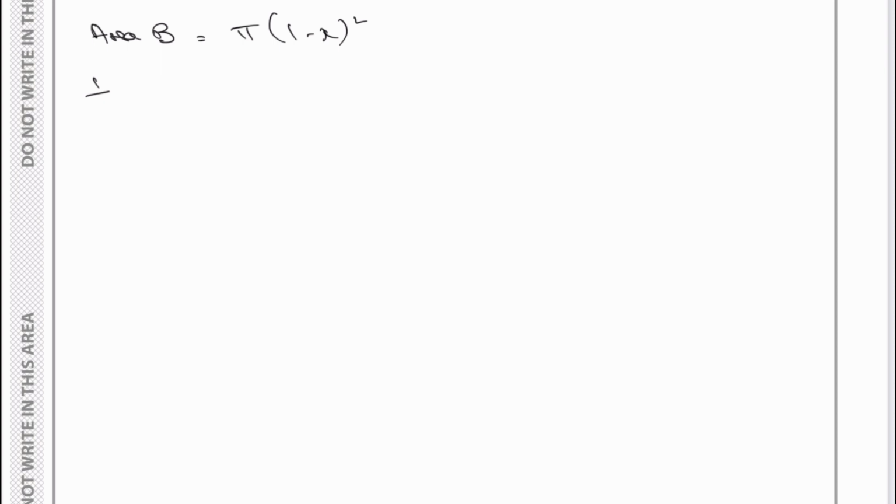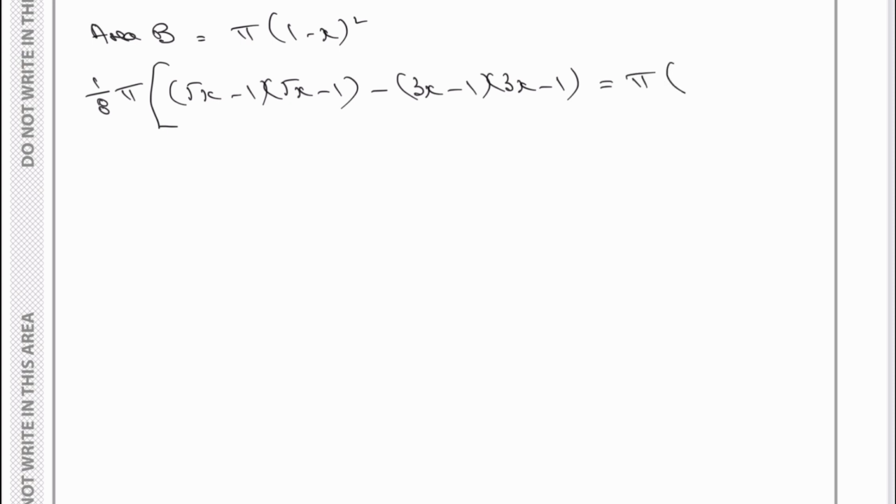So area A is going to be 1 over 8 pi, and I've got my big square brackets, and I've got 5x minus 1 multiplied by 5x minus 1, which is the overall large size. I've got to take away the small size, which is going to be 3x minus 1 multiplied by 3x minus 1, and all of that is equal to pi multiplied by 1 minus x times 1 minus x.